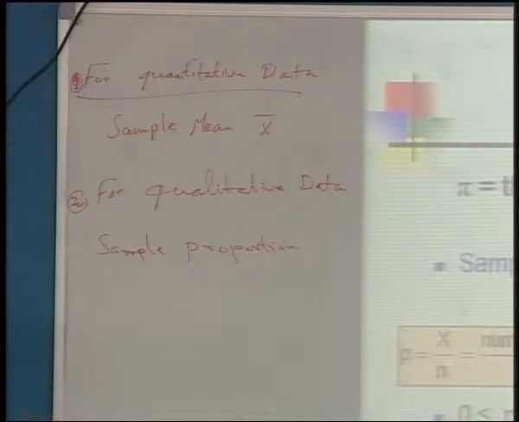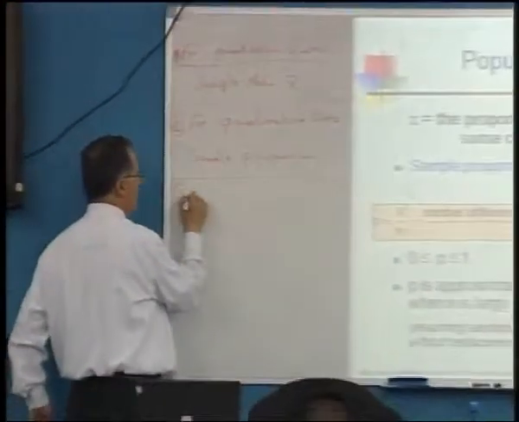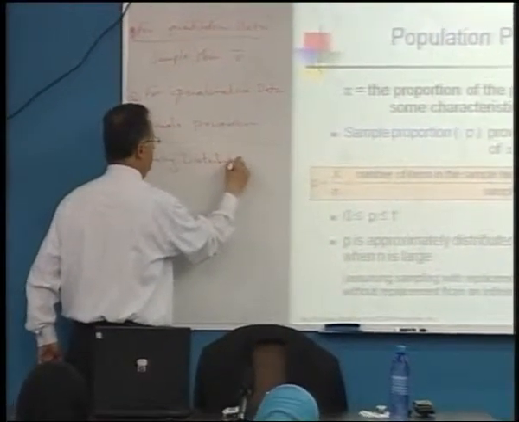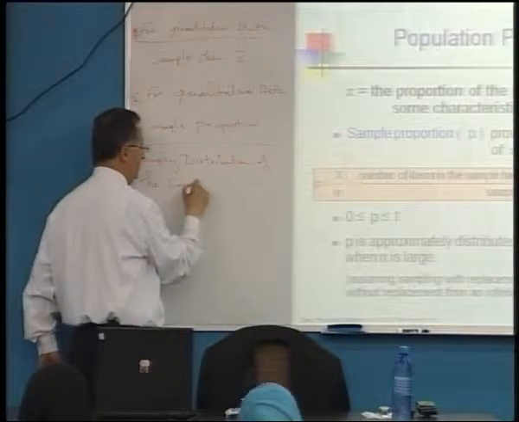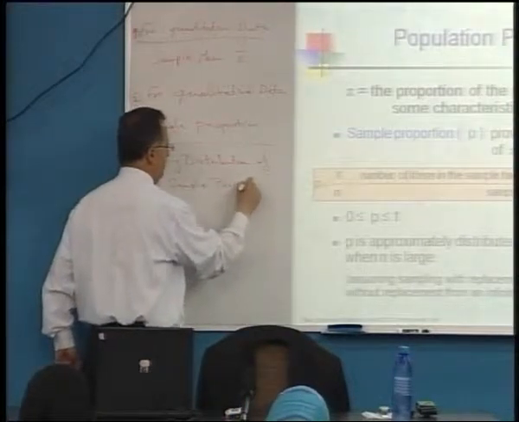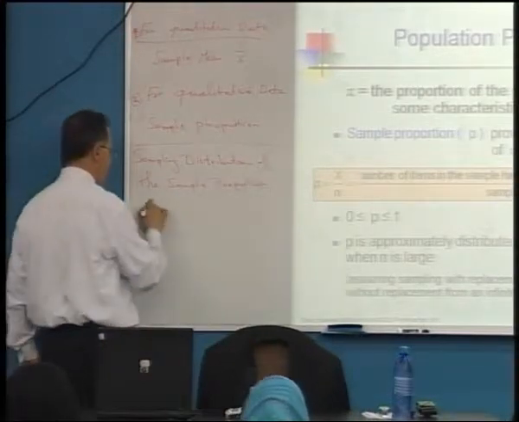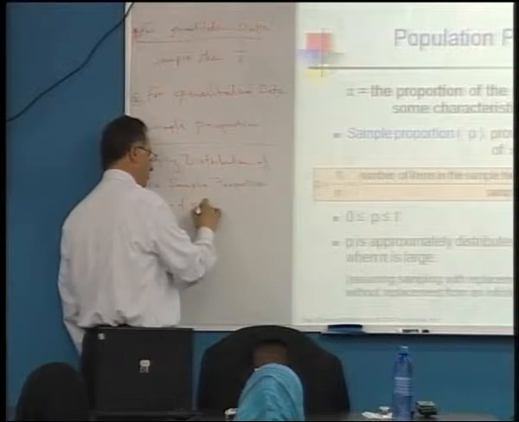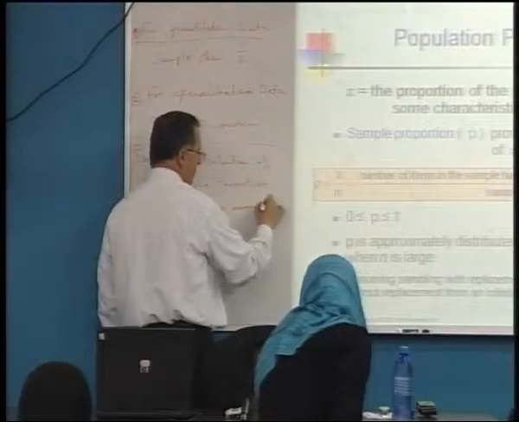In this case, the question is, what's the sampling distribution of the sample proportion? So we are looking for the sampling distribution of the sample proportion, where the population has some characteristic. For example, let Y denote the number of smokers among females.